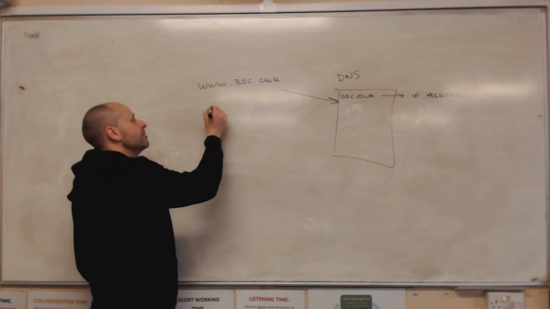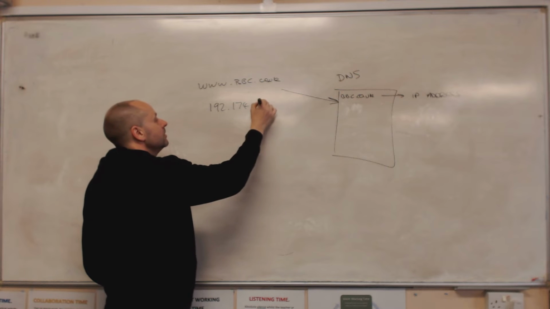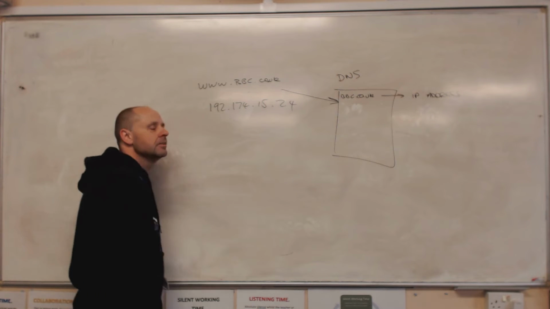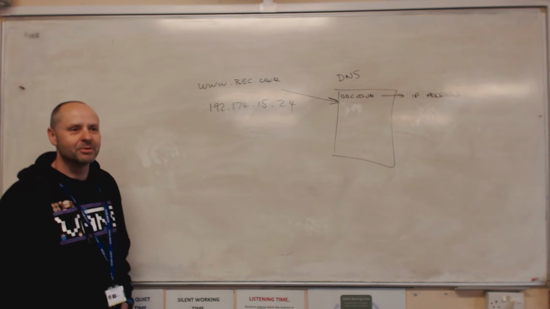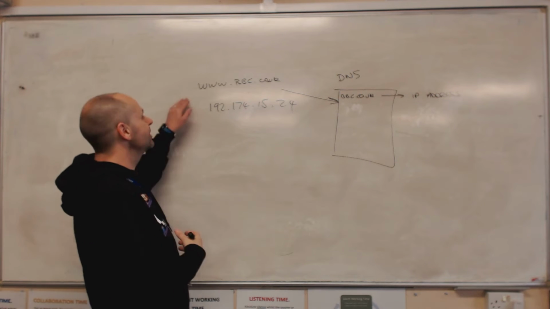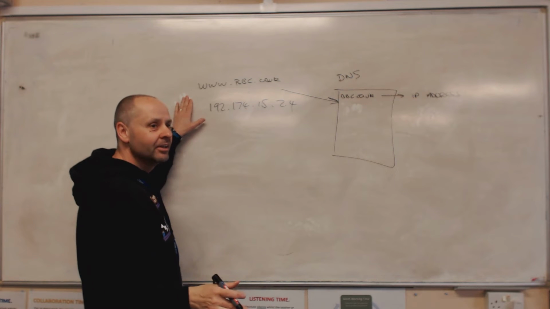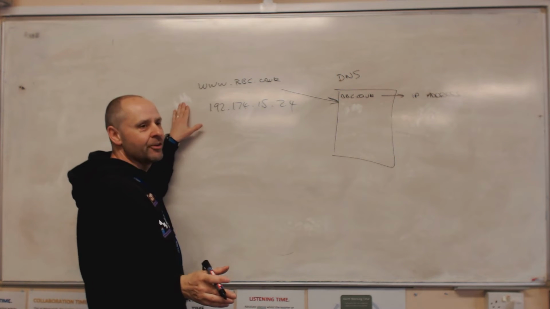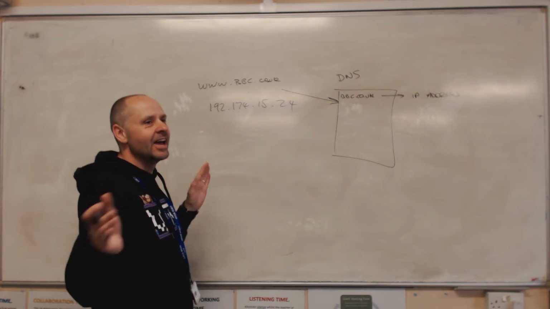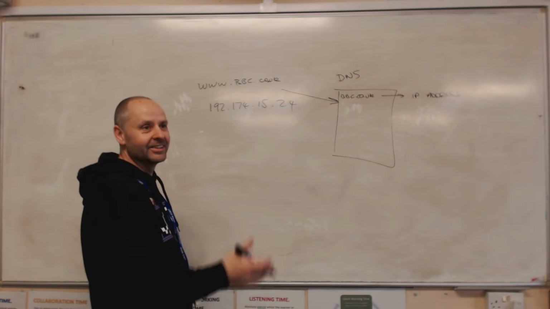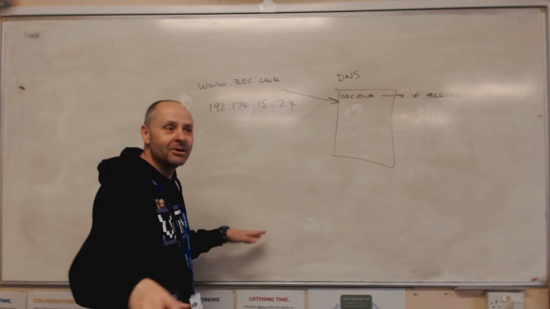We wouldn't want to have to remember an IP address if we wanted to go to the BBC's website. I'm not saying that's the IP address of the BBC. But if we didn't have a domain name service, sometimes they screw up and the domains go down. Okay, .com went down for a few hours once, a few years ago. So no one could get to anything that ended in .com because the computer wasn't working, looking it up. But if you knew the IP addresses, you could just type them straight in.